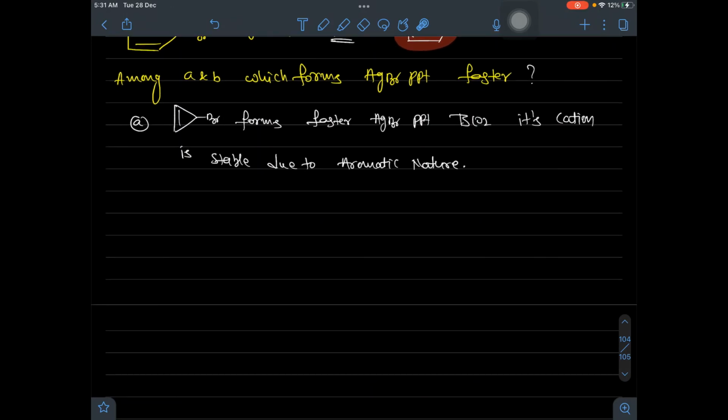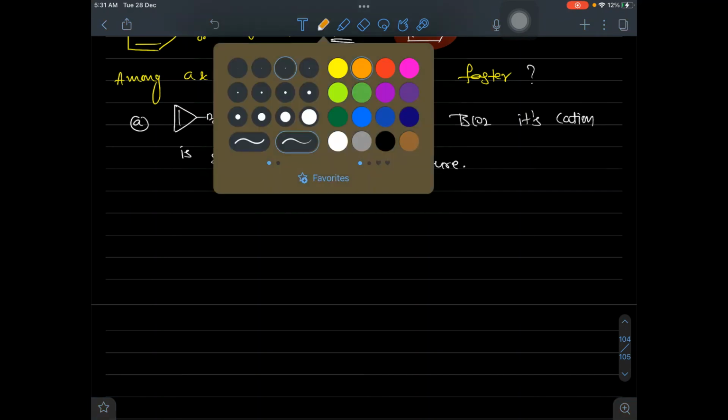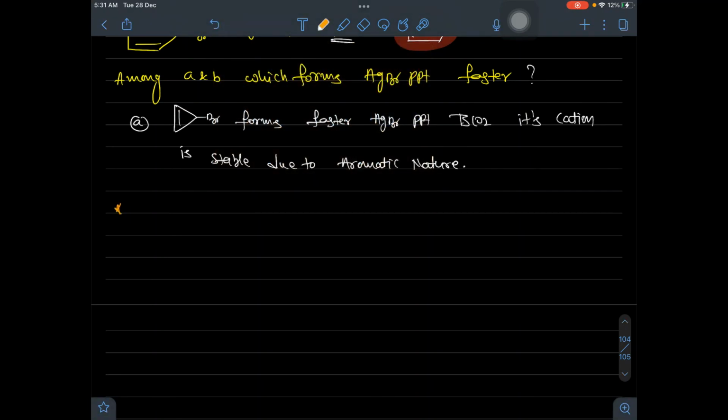And even acidic nature can be predicted with this aromaticity only. A simple example is cyclopentadiene and cyclopropene.